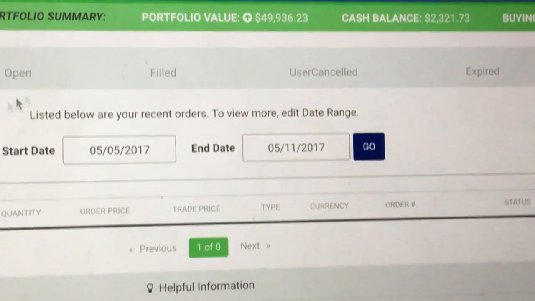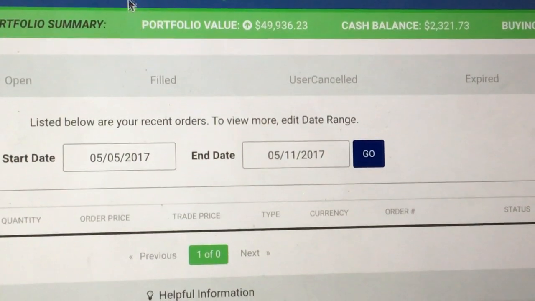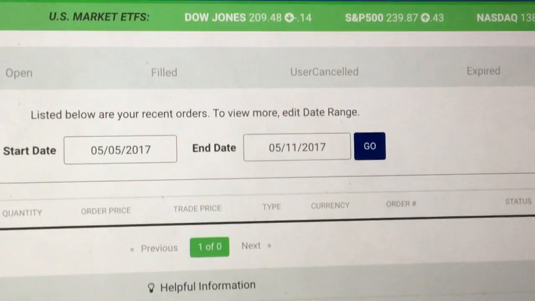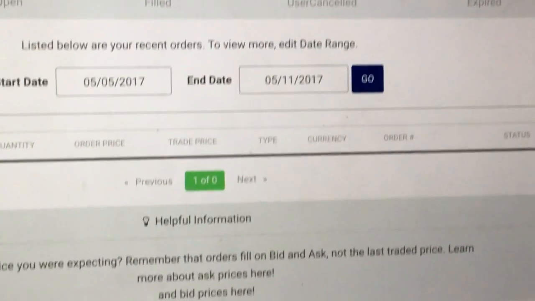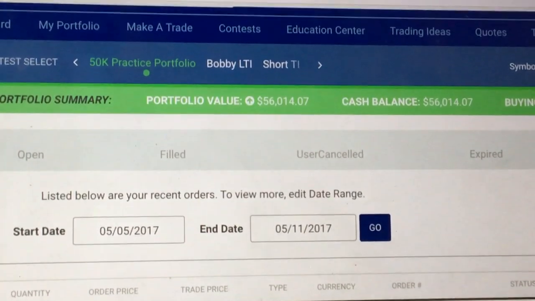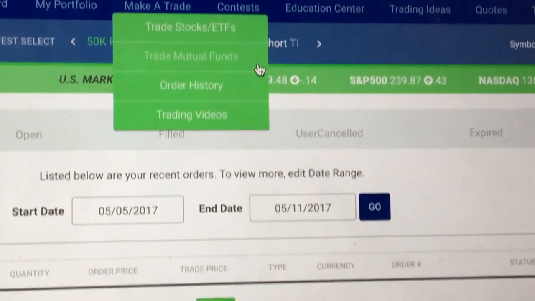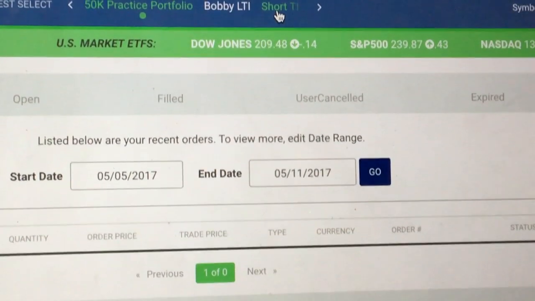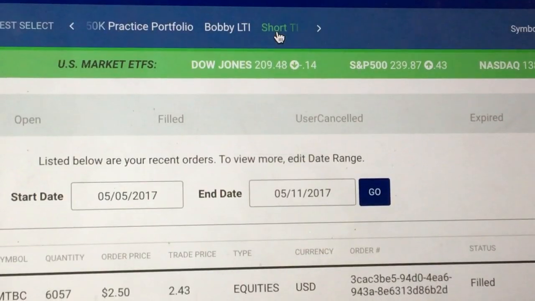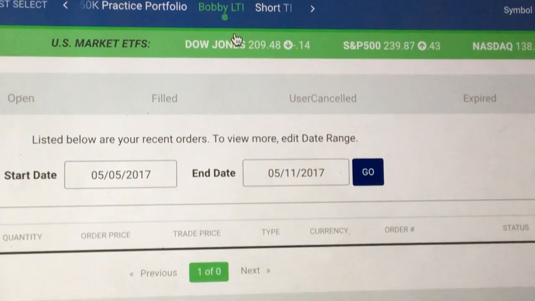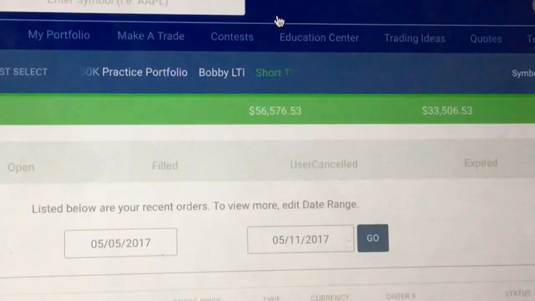And I made a bunch of money with those. And so as a result, hey, it went higher than my 50K practice portfolio. Because of that, I thought that my experiment was going to result in the long-term portfolio being more valuable than the short-term portfolio.